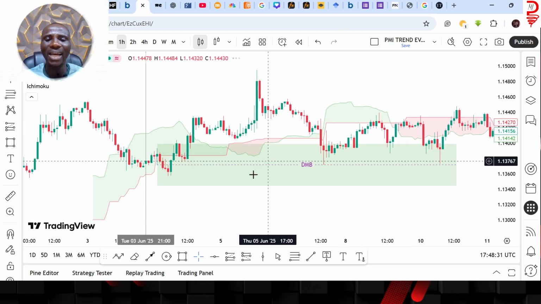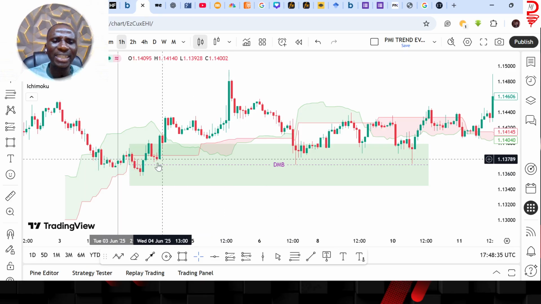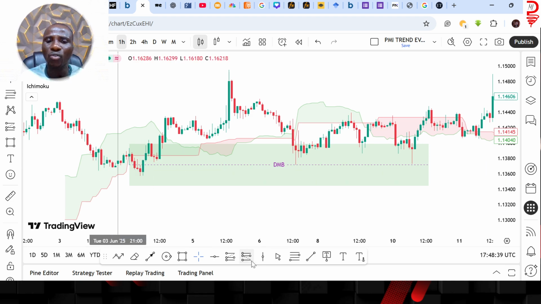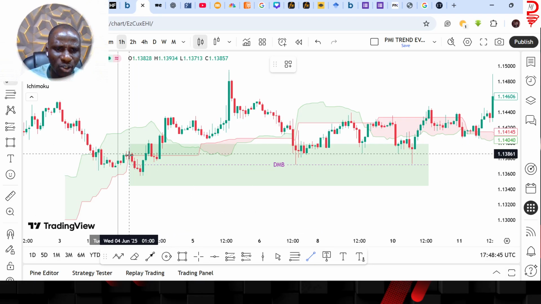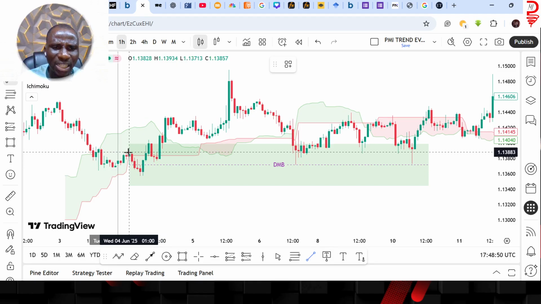Now, I explained that the area of emphasis is the last candle of the origin that created a break of structure within the money box. I want you to look very closely now. Look, this is your money box. This is our money box. Within the money box, there was a break of structure. Can you see this?